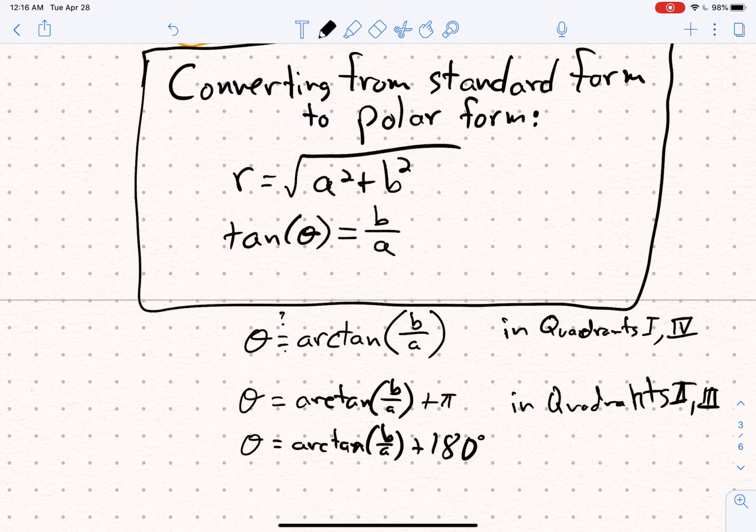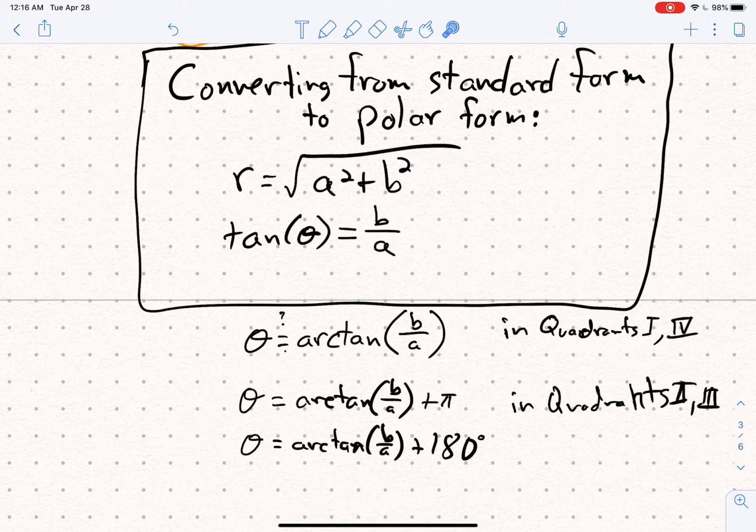So that's in degrees. Basically, theta will either be equal to the arctangent of b over a, or if that happens to be in the wrong quadrant, it will be equal to the arctangent of b over a plus pi or plus 180, depending on whether you're working in radians or degrees. You will see this in action when we look at the next example and see exactly how this calculation works.